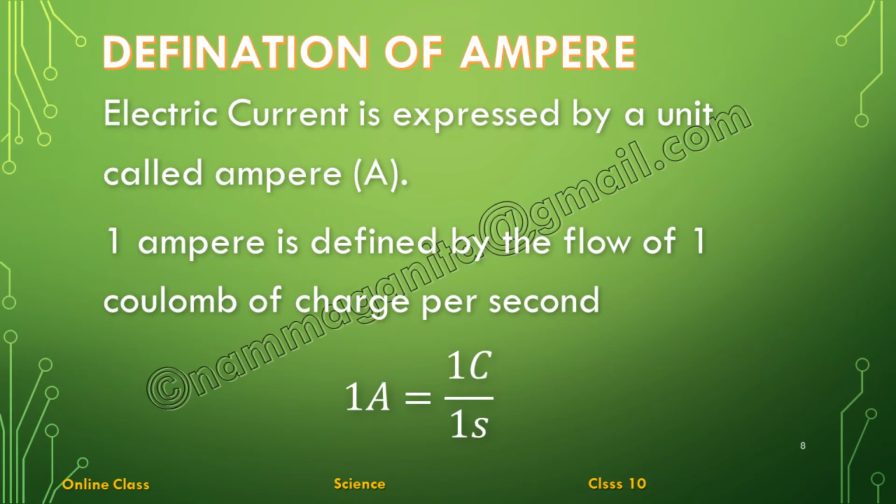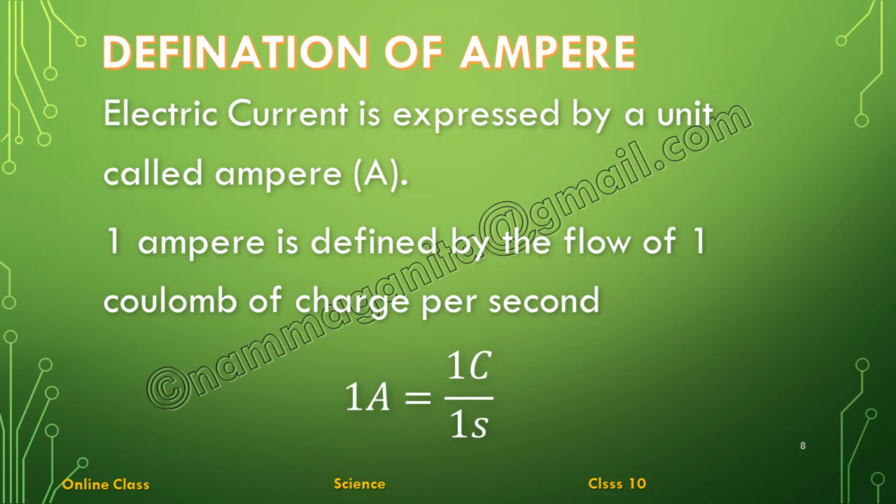The electric current is expressed by a unit called ampere. The SI unit of electric current is ampere, named after the French scientist André-Marie Ampere. 1 ampere is defined by the flow of 1 coulomb of charge per second.